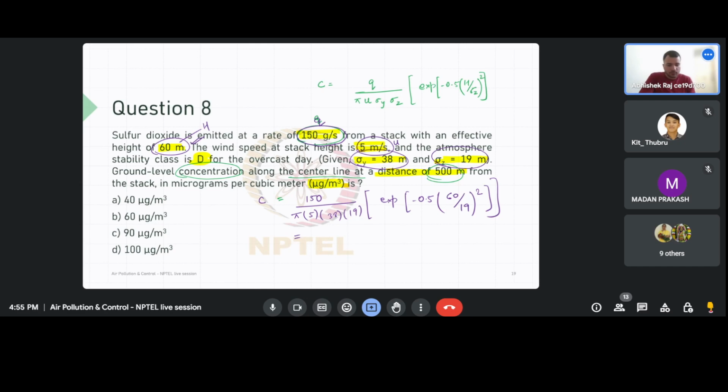Okay. So let's find the one on the outside first. That will make it simpler. Divided by 5. So this is coming out as 0.0132 into the exponential of 60 by 19 squared.